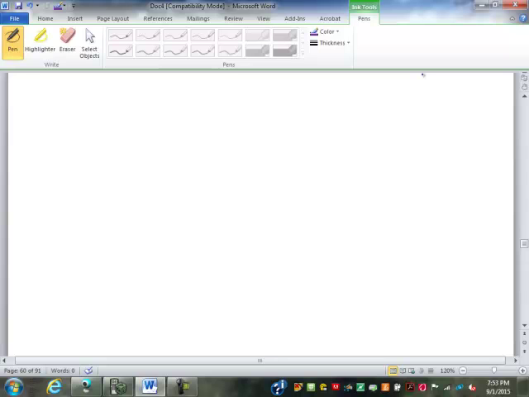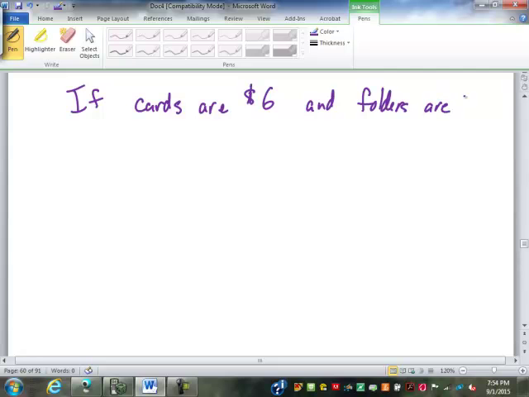We might also have one that looks like this. If cards are $6 and folders are $2.